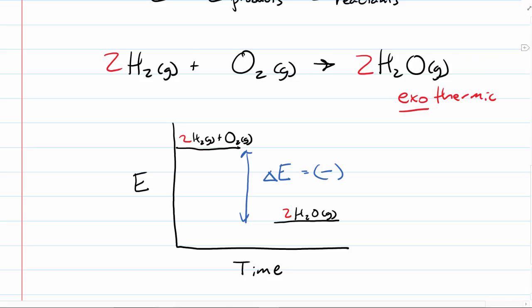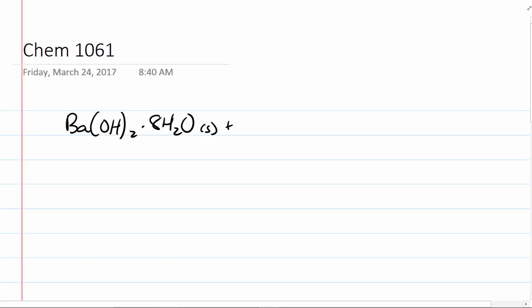Okay, then let's look at an endothermic reaction. You don't need to rewrite this whole thing, I'm just going to do it because I can do it fast. This is the one that we looked at at the end of the hour last class period, between the barium hydroxide octahydrate and the ammonium chloride. And remember, this was ambiguously phased.